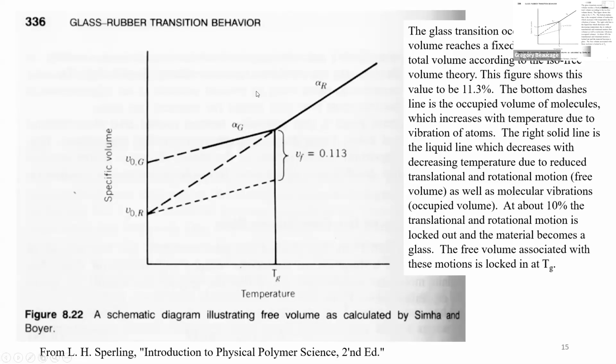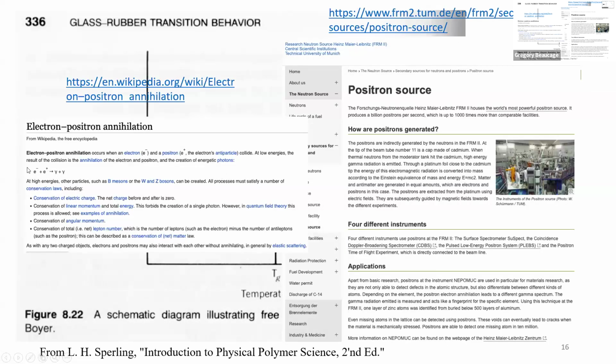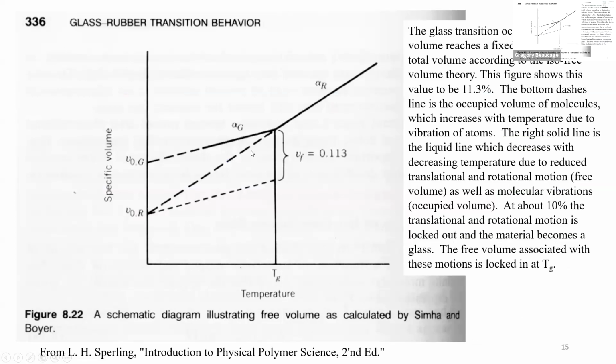By shooting positrons at a material and watching the decay beam that it gives off, these other particles you can detect, then you can map out how much free volume is in the material. So this is how people figured out. There's other ways to make positrons, like some radioactive materials just make positrons, right?